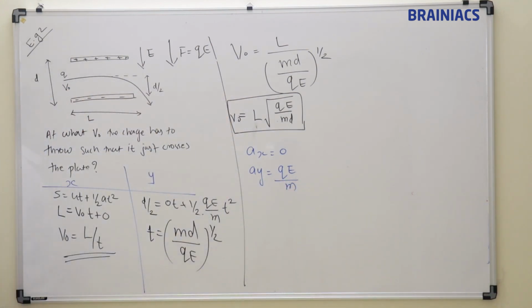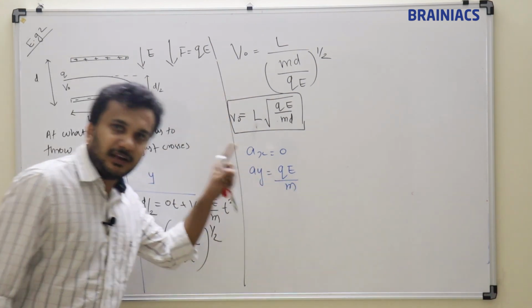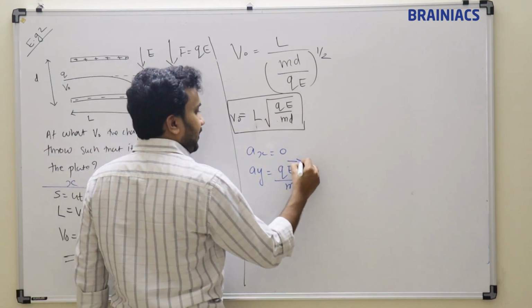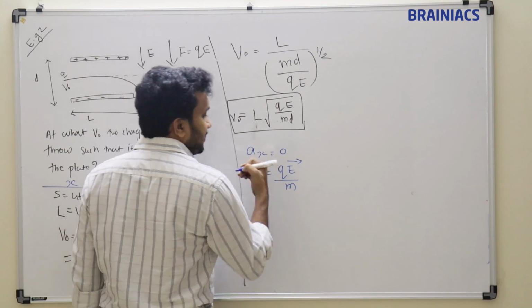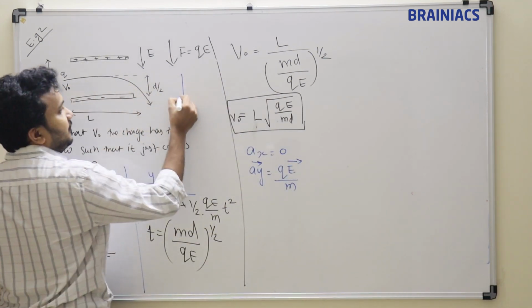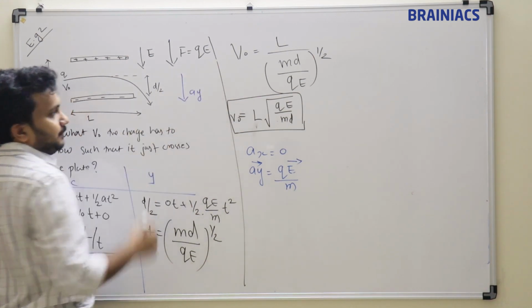What is the direction of this acceleration? Charge is a scalar quantity, mass is a scalar quantity, electric field is a vector quantity. So acceleration is also a vector. The electric field direction is the same as the acceleration direction, which means ay direction is like this.